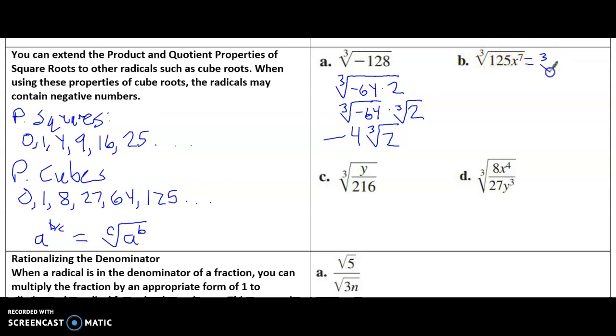However, you can divide 6 by 3. And 6, x to the 6th times x to the 1st is equal to x to the 7th. So when we use the product of cube roots property, we get 1 cube root of 125 times the cube root of x to the 6th.